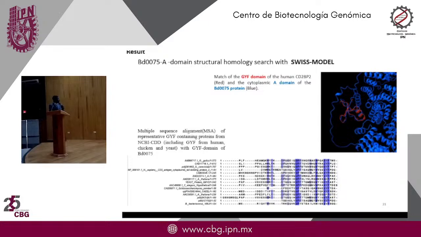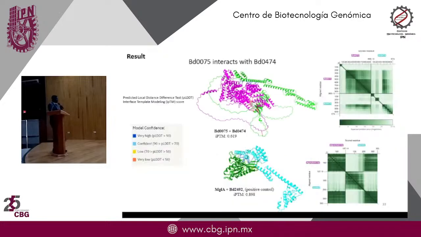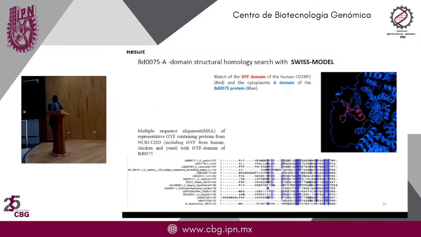So here we can see the representative GYF domain from chicken, from yeast, from humans, and we can see the GYF domain from Bdellovibrio bacteriovorus, and we can see this conserved region right here, which is GYF. Okay, so like that, we're able to decipher functionally what this might resemble and what it could be doing in Bdellovibrio.